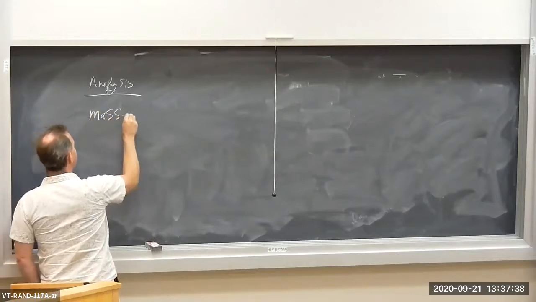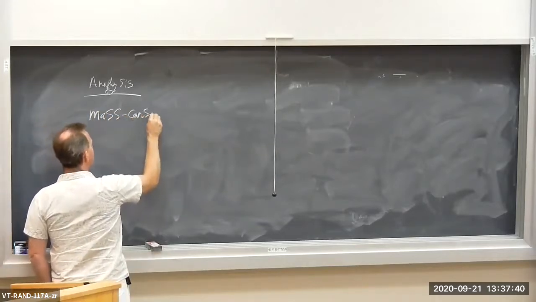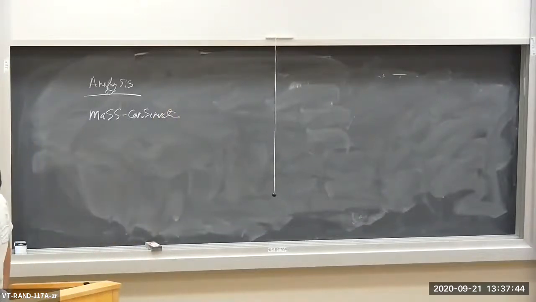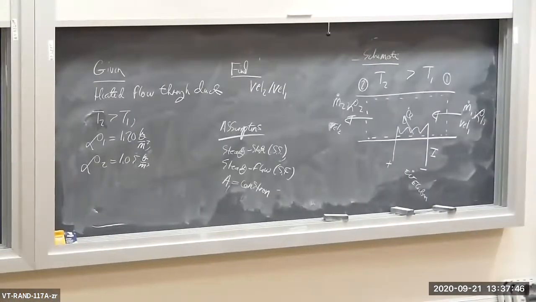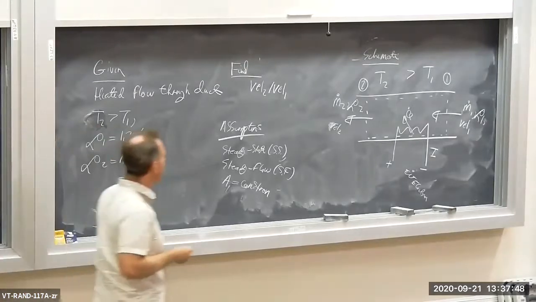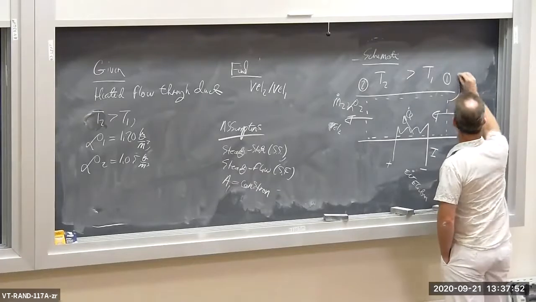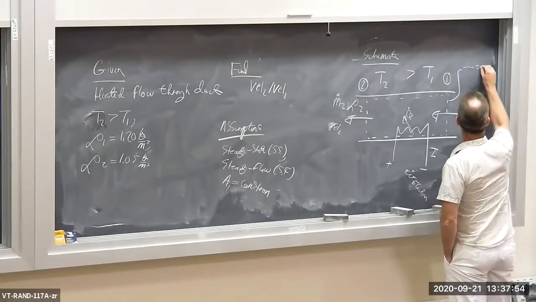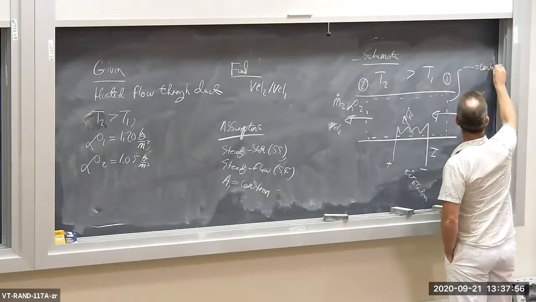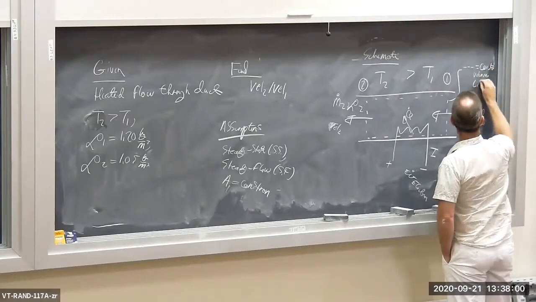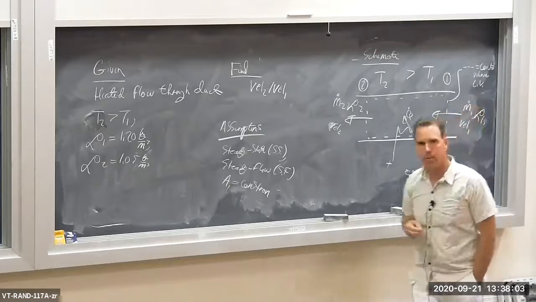By the way, let me draw my system here. The dashed line here is my control volume, or if you like, CV. It's my control volume on my system.